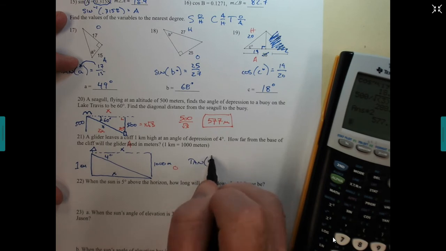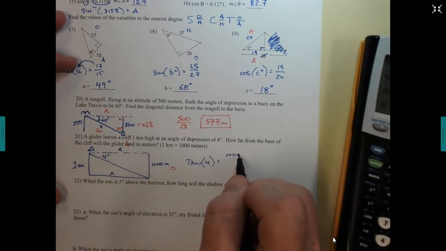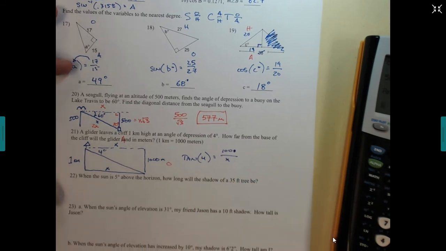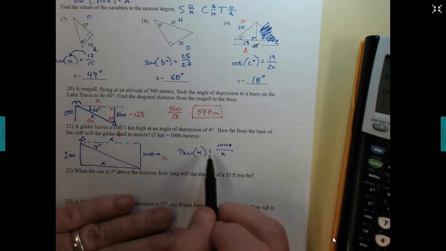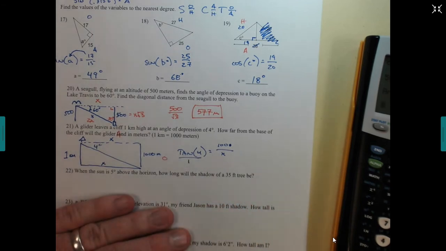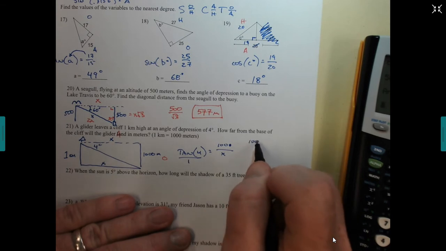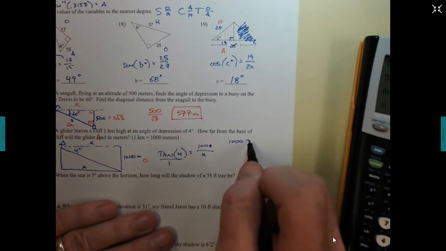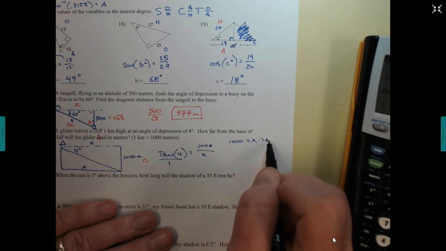Tangent of 4 degrees would equal the opposite side over the adjacent. So if you listen to me in my class, the best way to solve this is go ahead and make it a proportion. Cross multiply. 1 times 1,000 is 1,000. And that's going to equal x times the tangent of 4.